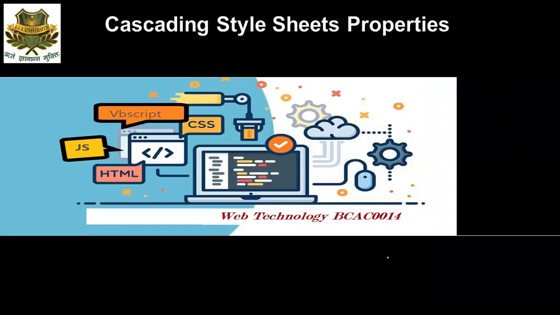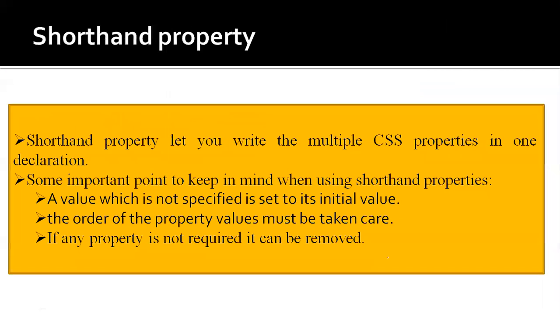Next, let's continue with some of the CSS properties that are generally used. Before moving ahead, let's see what a shorthand property is. Shorthand property is just a simple way to write the code, or it lets you write multiple CSS properties in one declaration.